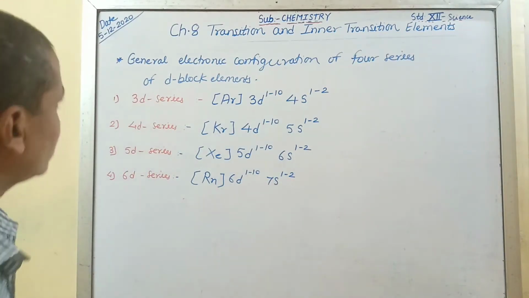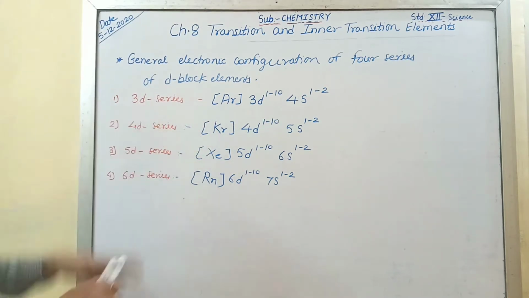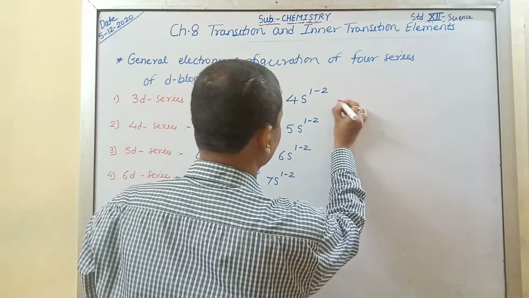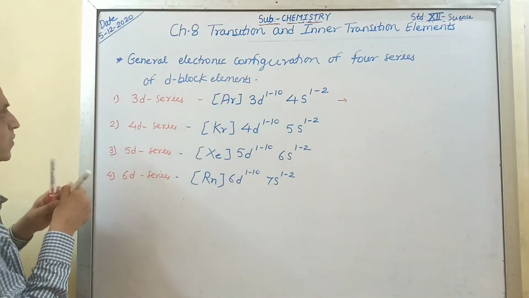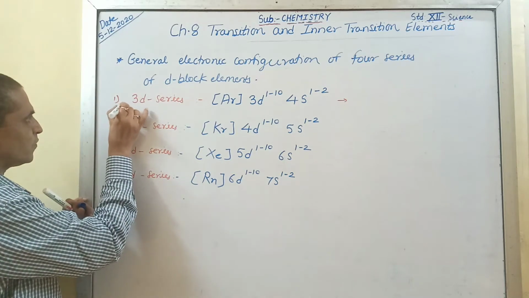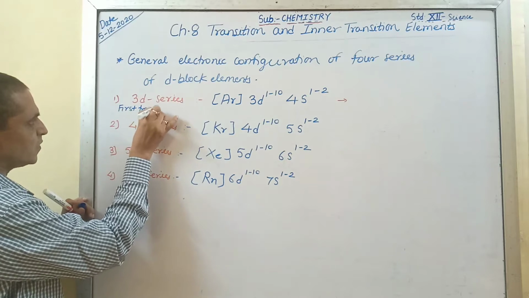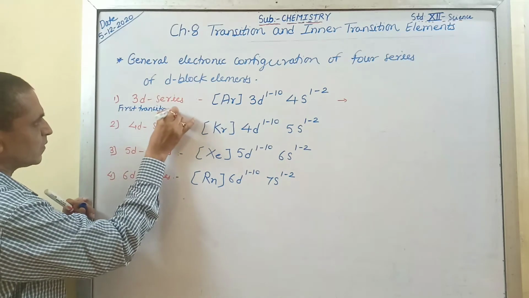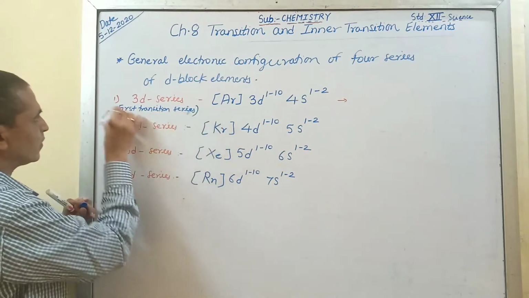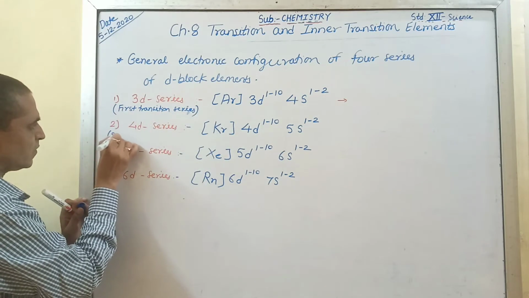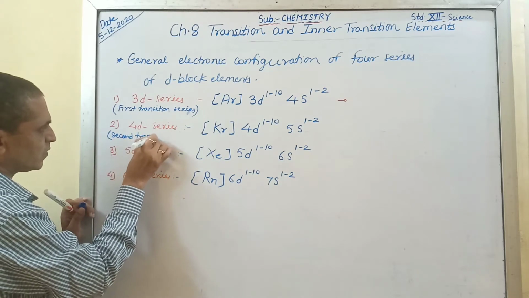So this is the general electronic configuration. The 3d series is also called the first transition series. The 4d series is the second transition series.